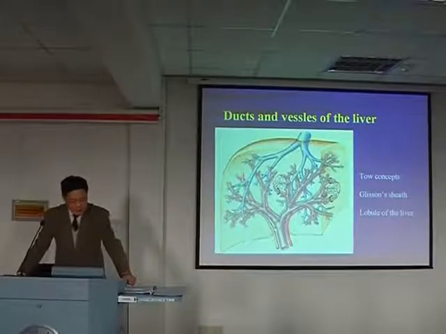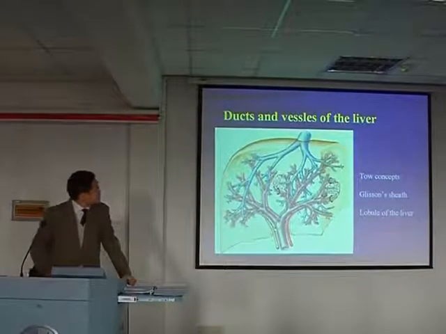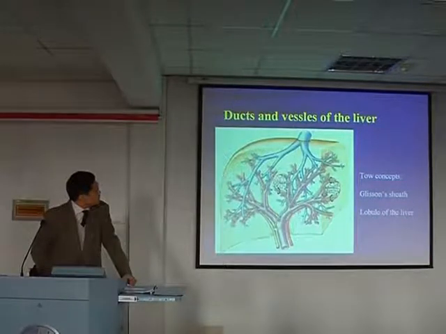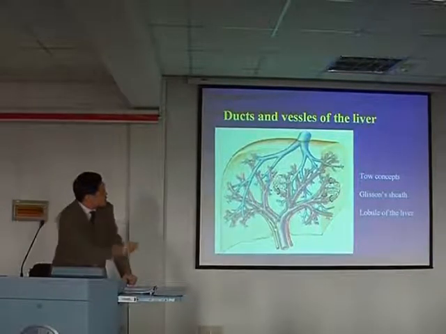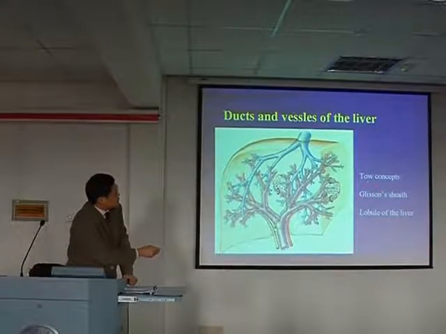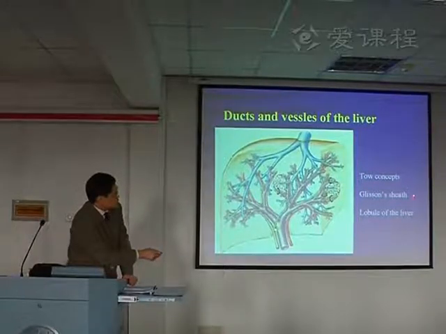This picture shows the arcs and vessels of the liver. I will give two concepts. Glisson's sheath.